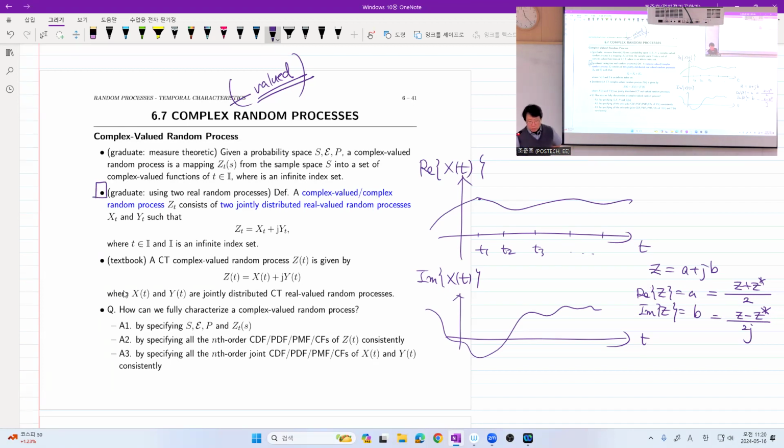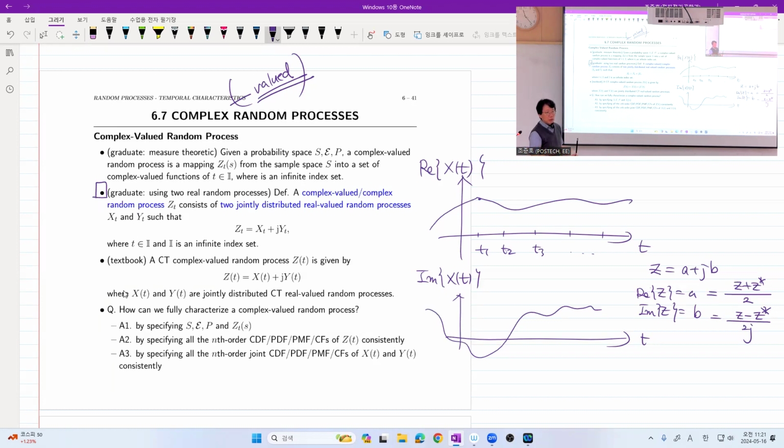So in terms of two real valued random processes, a complex valued random process is defined as what? The summation of two real valued random processes, but with weights 1 and j, the square root of -1. And in order to fully characterize this one, what do we need?